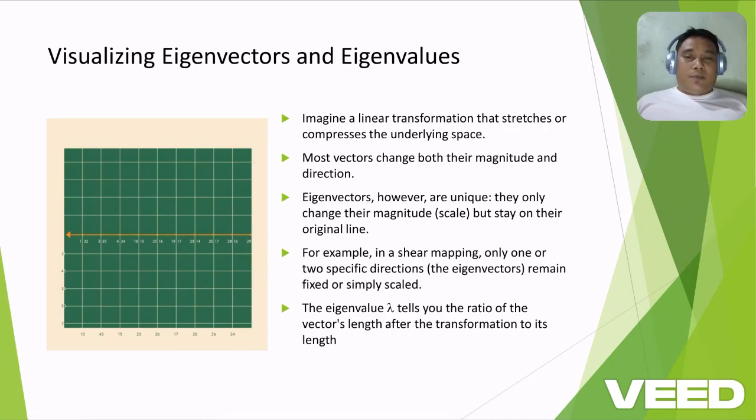They only change their magnitude but stay on their original line. For example, in a shear mapping, only one or two specific directions remain fixed or simply scaled. The eigenvalue lambda tells you the ratio of the vector's length after the transformation to its length before.